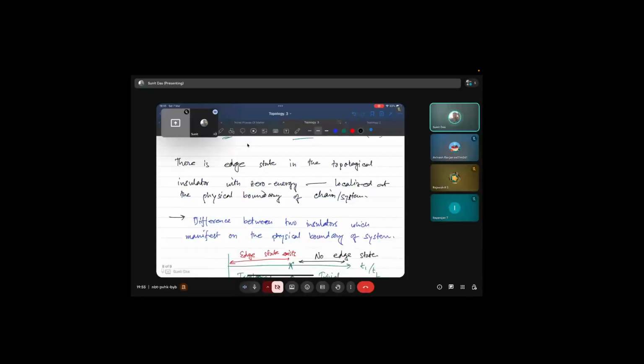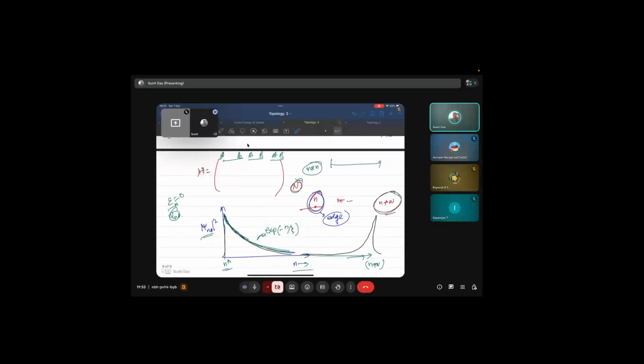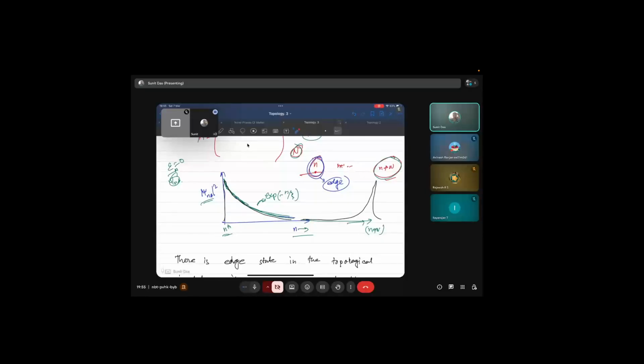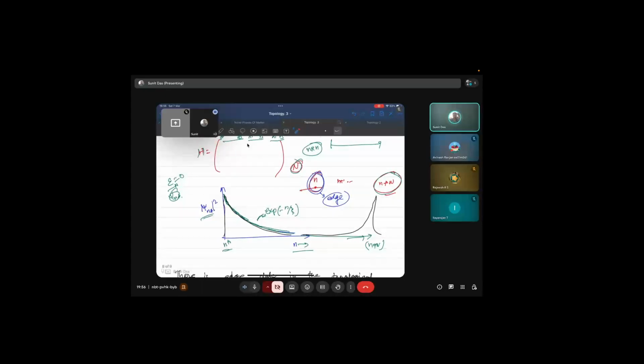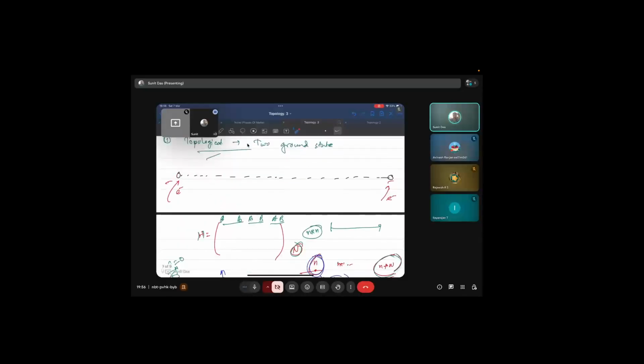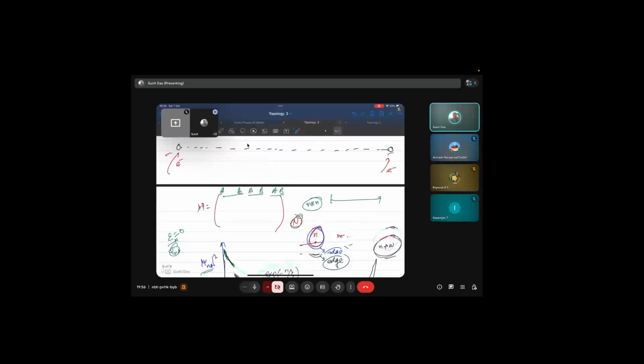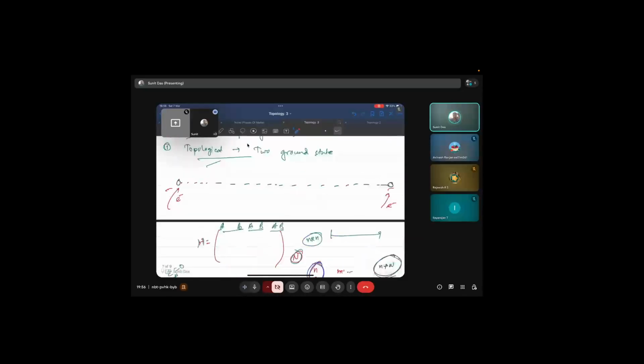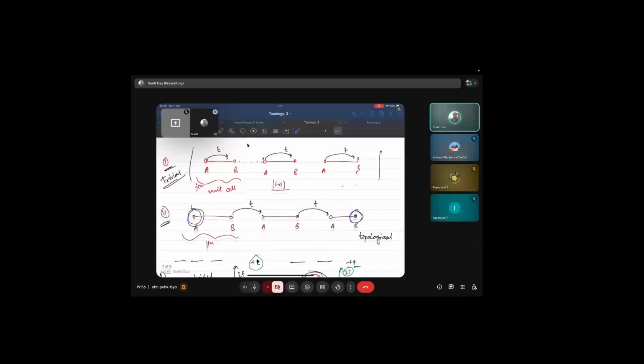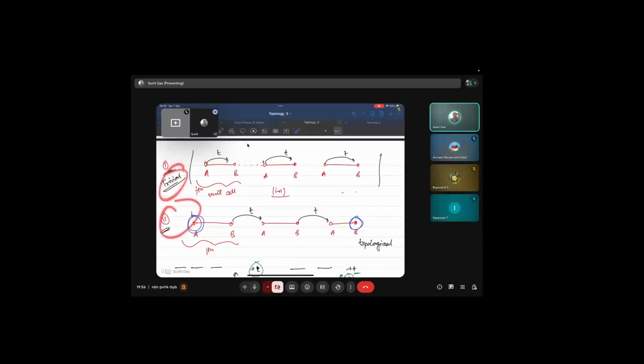Today we saw that even when we consider a finite chain, whereas the last class was always about the periodic case, the infinite system where you can impose periodic boundary conditions, there is a difference between the trivial case and the topological case, right? Let me write topological.